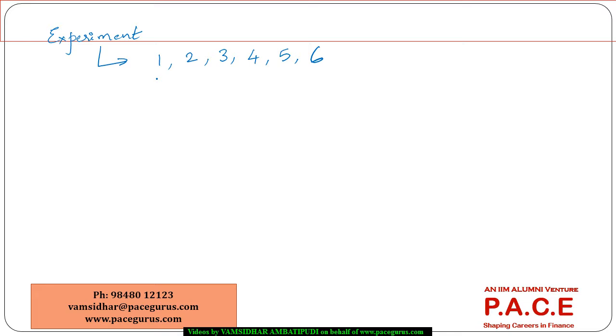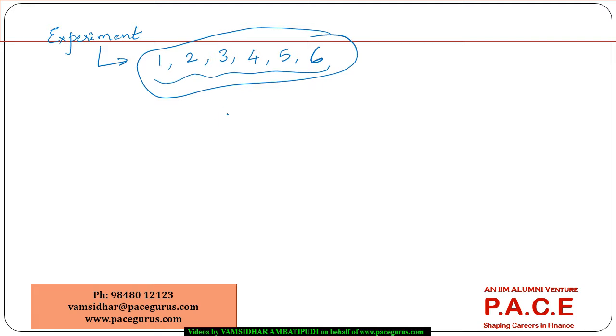So, whenever I am performing some kind of an experiment and I don't know what is going to be the outcome, any one of these is possible. I can't predict what is going to come. Then the collection of all these items, whatever are the possible outcomes that can come, is what we call the sample space.